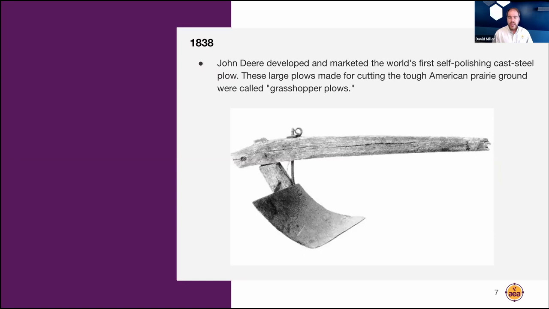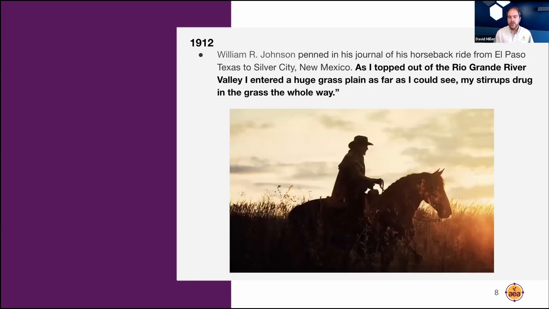In 1838, John Deere, and we know John Deere as an equipment manufacturer, but back in that day, it was actually a man, developed a plow that was self-polishing, designed to cut through the tough prairie sod. This allowed growers to plow even larger tracts of land. And now they have the reaper, so they're able to grow much more wheat.